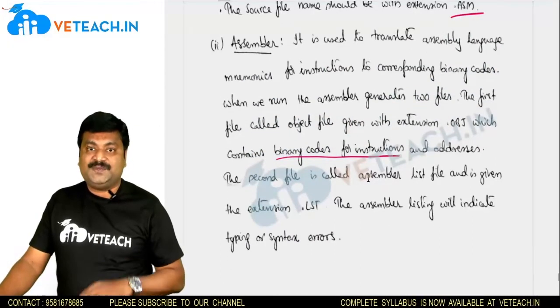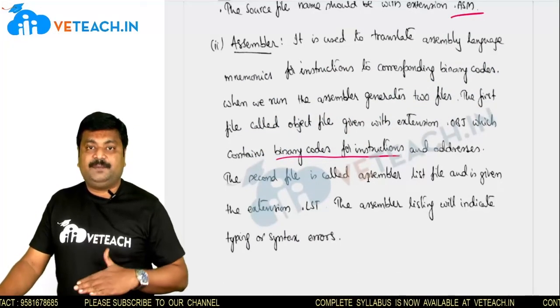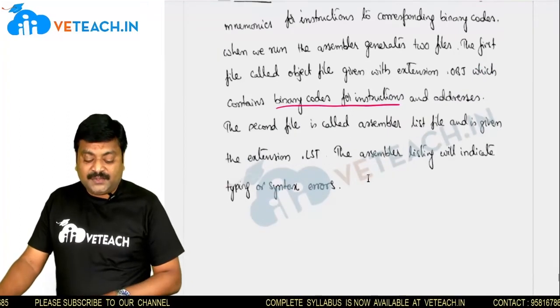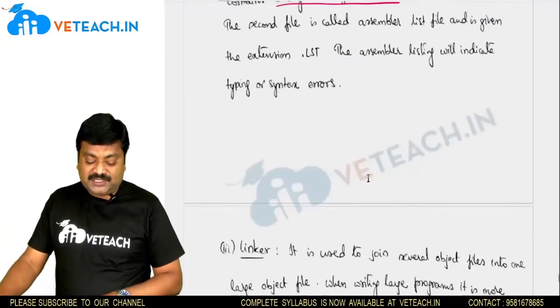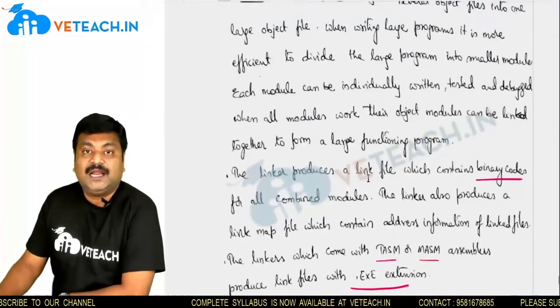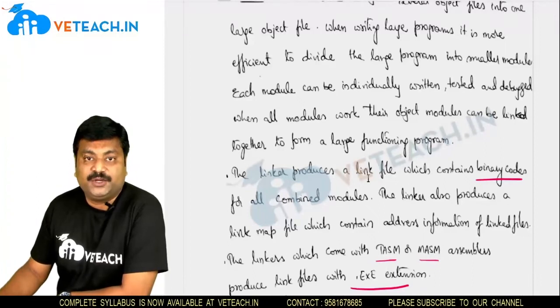And once the object file and listing file are generated by the assembler, we will move on to the linker, where the linker is going to link all the object files and make them an executable file.